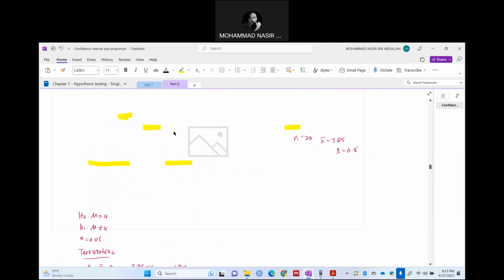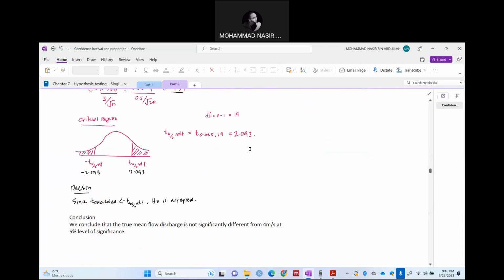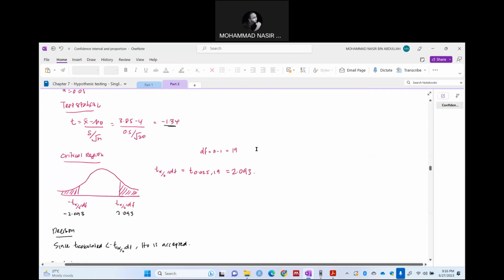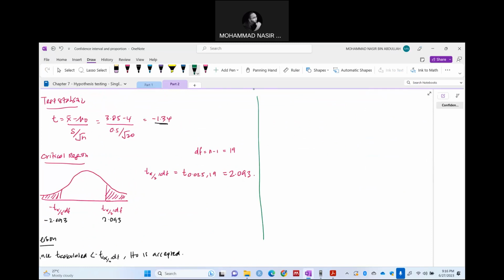So now, second question here, use p-value to conclude the null hypothesis. Okay, now in this case, listen carefully to this one. P-value, right? So our n is equal to 20.